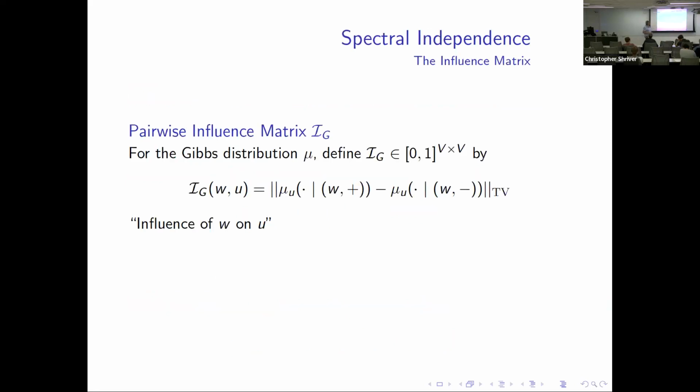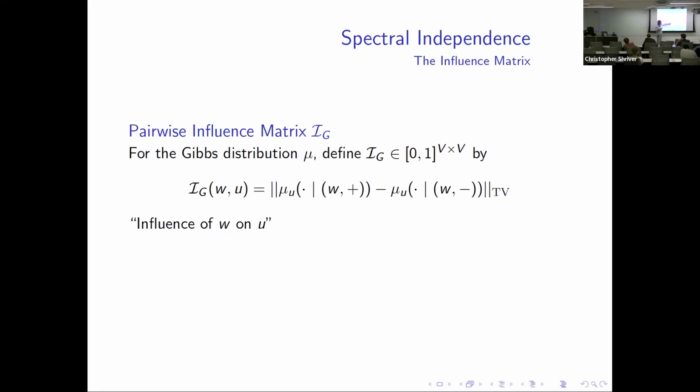So how are we going to do it? We are going to use this newly introduced method, spectral independence. We have seen some definitions yesterday, but let's go through some of them at a slower pace. At the core of spectral independence, we have the notion of the pairwise influence matrix, denoted by I sub G. This matrix is specified with respect to some Gibbs distribution mu.